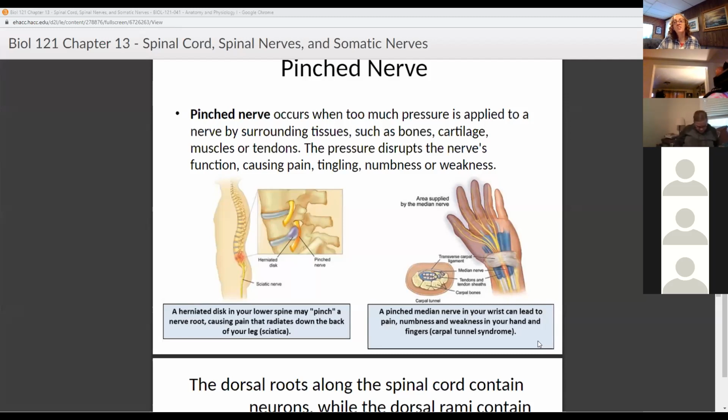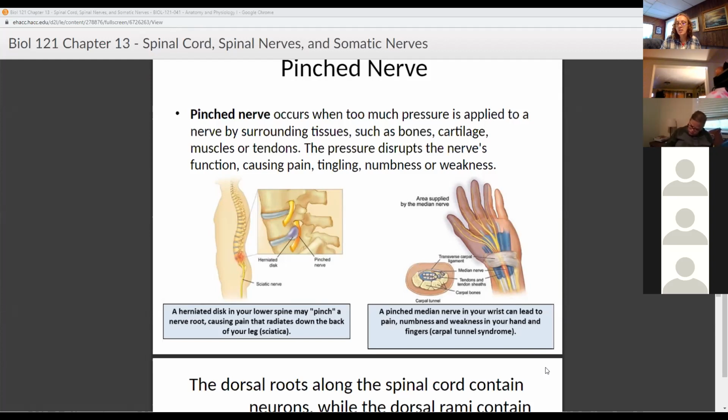So a pinched nerve occurs when there's too much pressure applied to a nerve by the surrounding tissues. For example, you bang your funny bone nerve, and what you're doing is pinching your ulnar nerve up against the bones. You're essentially crushing it against the bones. When too much pressure is applied to a nerve by the surrounding tissues, it disrupts the nerve function and causes pain and tingling.